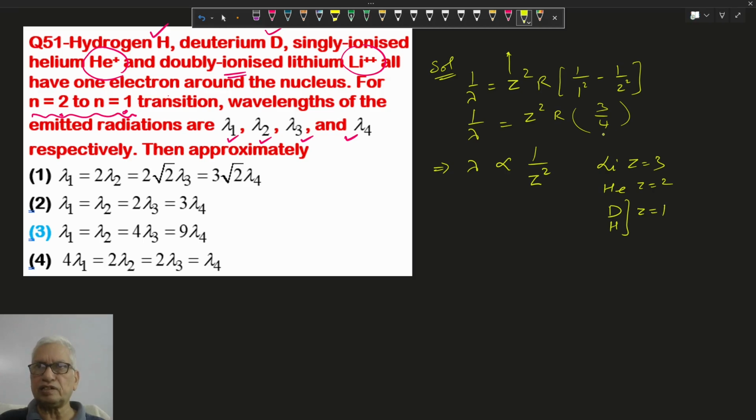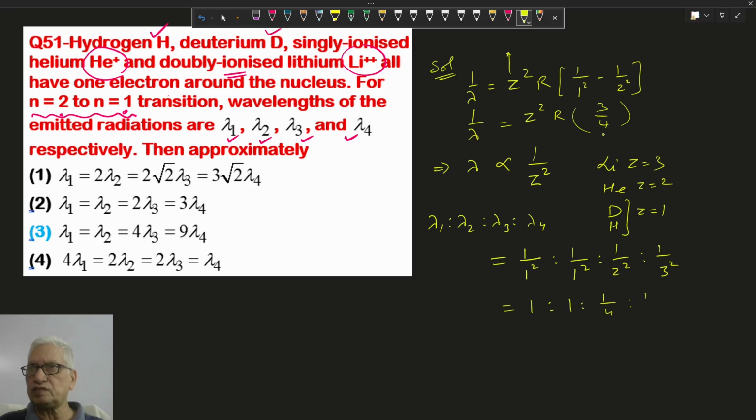And lambda is the reciprocal of this, so lambda 1, lambda 2, lambda 3 and lambda 4 are given as reciprocals. Lambda 1 will be larger, so it is 1 by 1 square, 1 by 1 square, 1 by 2 square and 1 by 3 square. That is 1 is to 1 is to 1 by 4 and 1 by 9.